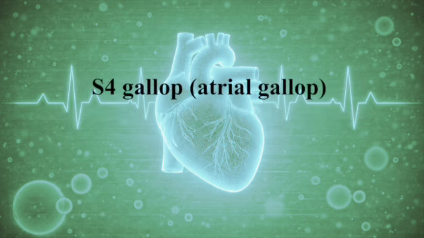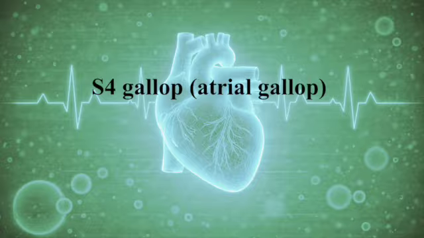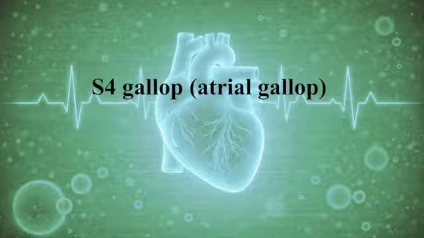The S4 gallop, also known as an atrial gallop, is the classic heart sound associated with HFpEF and diastolic dysfunction. This sound occurs when the atrium contracts forcefully against a stiff, non-compliant ventricle, creating the characteristic Tennessee rhythm pattern, S1 to S4 to S2.